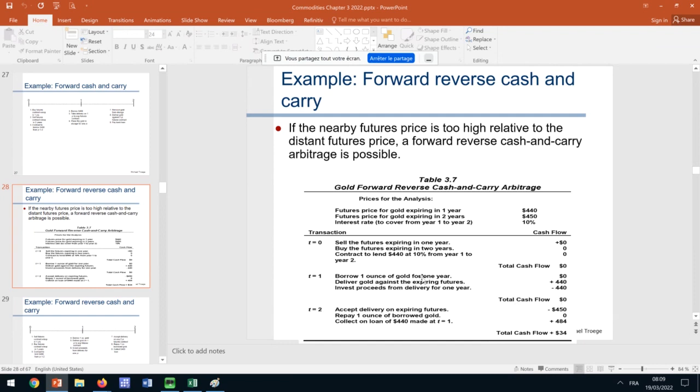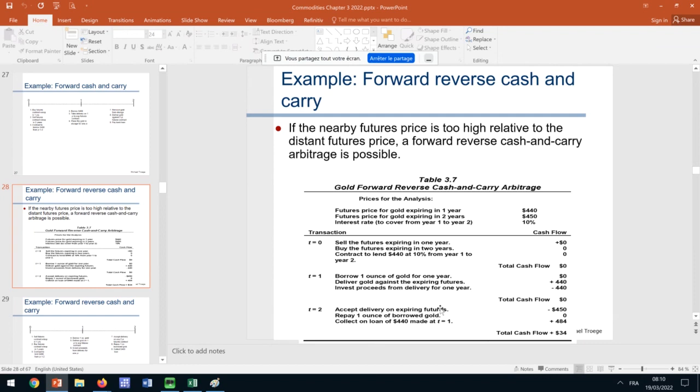At the end of the life of the second futures contract, you will take the delivery of the gold from the counterparty. You have bought gold. You will use this gold to reimburse your gold loan.